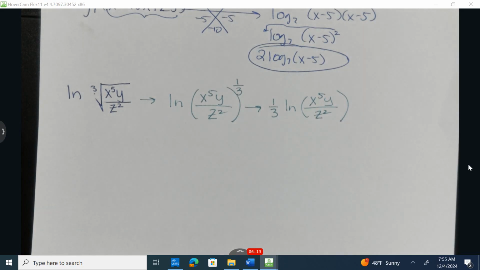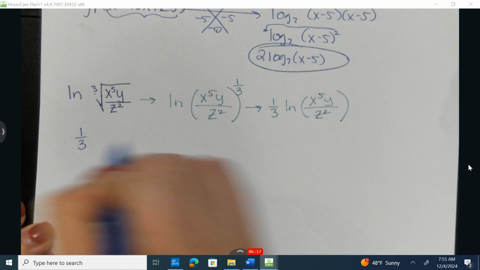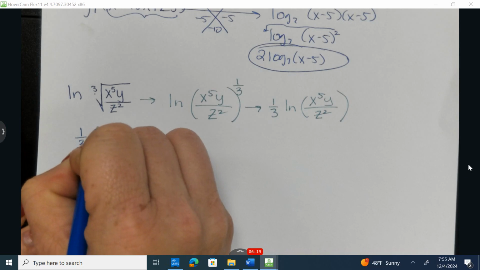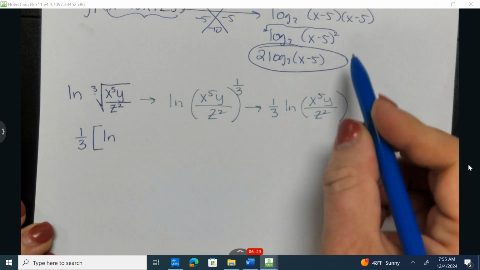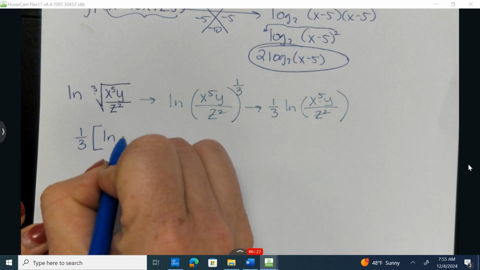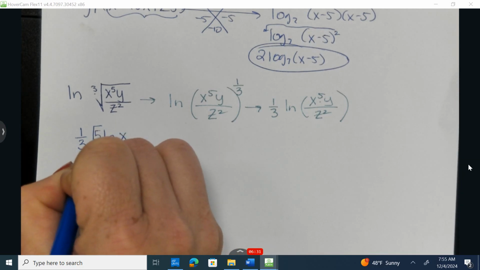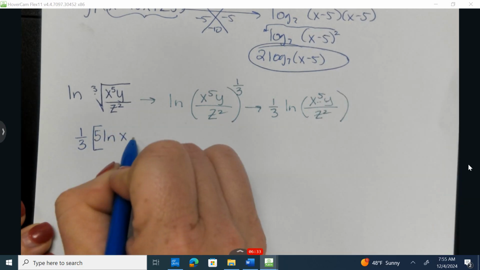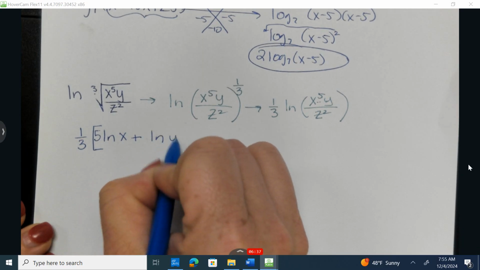And now it's time to expand. Let me switch colors so we can differentiate between each step here. So I have 1/3, and I need to multiply that by the ln. Now, hopefully you're catching on to this, I'm going to take time right now to expand these two. So ln of x, and this 5, which is an exponent, is going to go in front. Multiplication when we expand turns to addition, times the ln of y.